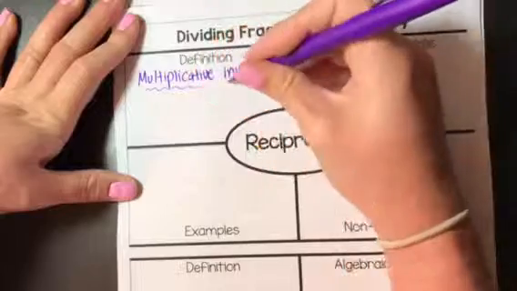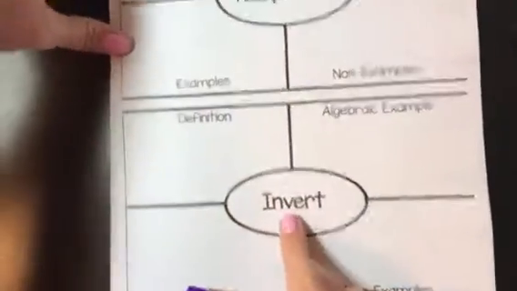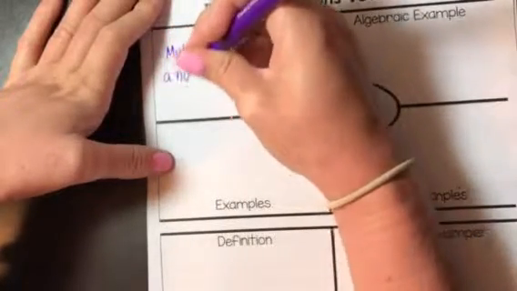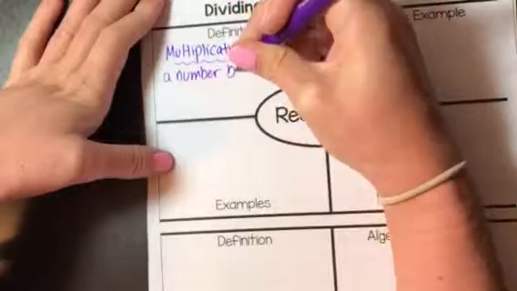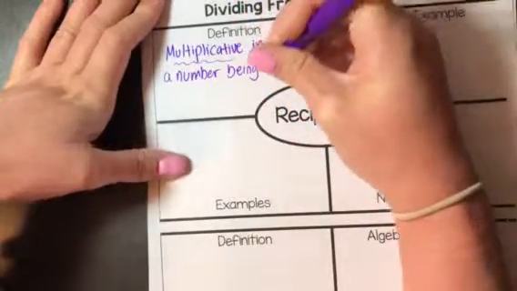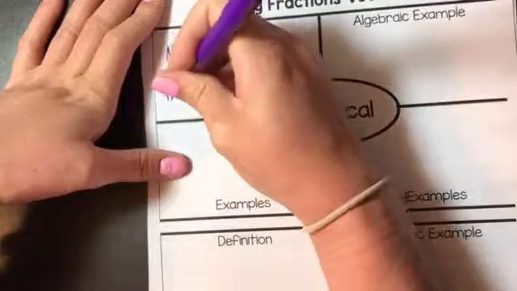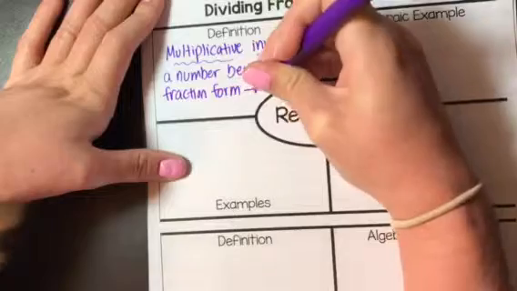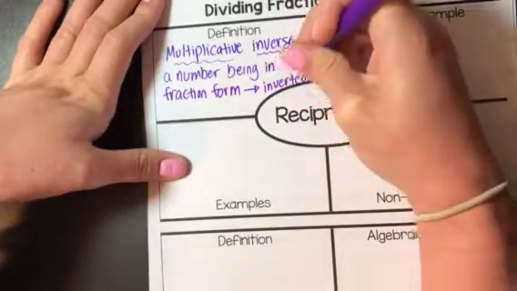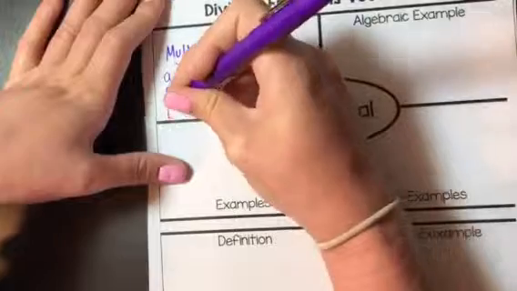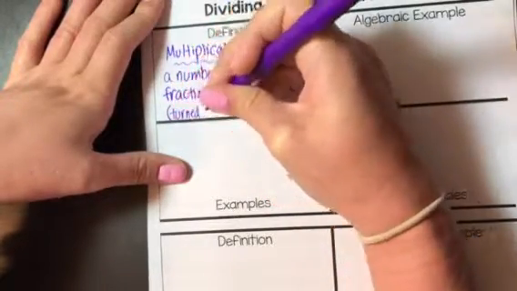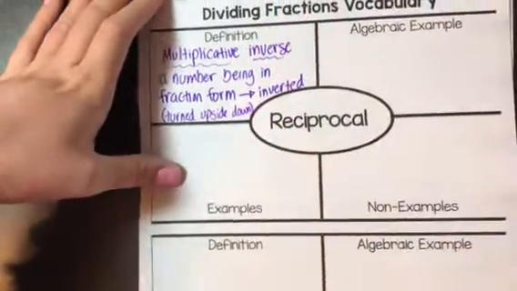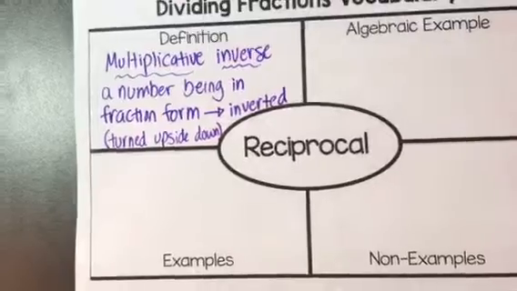So the multiplicative inverse is relating to the word invert, basically means it is a number being in fraction form inverted, or turned upside down. So that's the definition of a reciprocal.